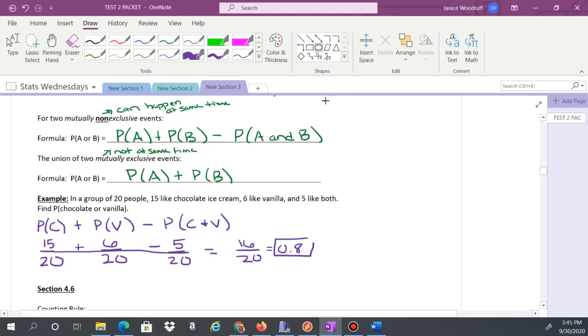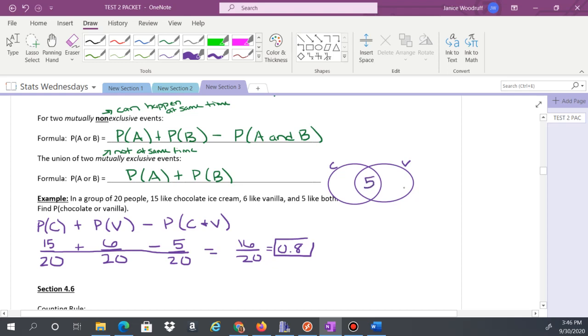You can actually visualize this with a Venn diagram, if you guys remember how to do those. So if this was my circle here, there's my other circle. Okay, and I made this chocolate and this vanilla. The way you fill out the Venn diagram, you start in the middle with the 5 that like both.